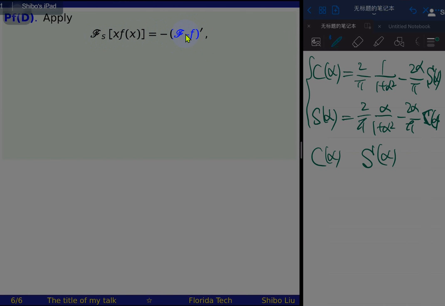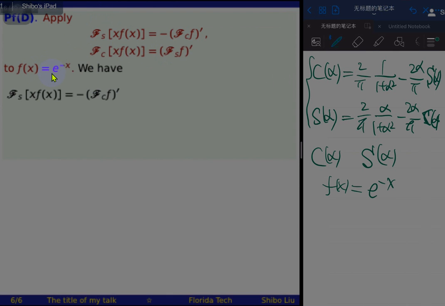Okay. Similarly, there is another property. The Fourier cosine transform of x f(x) equals the derivative of the Fourier sine transform of f. So what we want to compute is the case where f(x) equals exponential of minus x. So we apply this property to this function f(x).